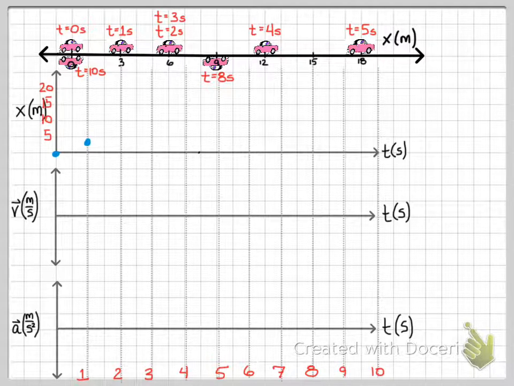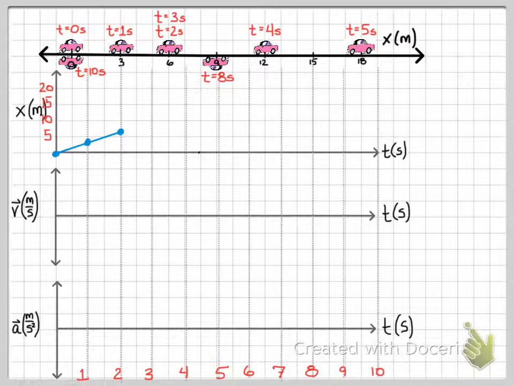We also know that at 1 second, it's 3 meters away, and at 2 seconds, it's 6 meters away. I've drawn that, and in this case, we're going to use the assumption that the car is moving at a constant velocity and that it's not accelerating. So its velocity is the same between 0 and 2 seconds. Therefore, I can connect these points with a straight line.